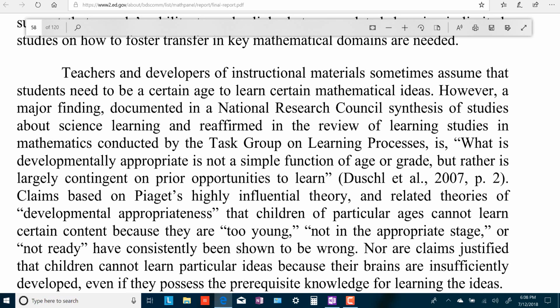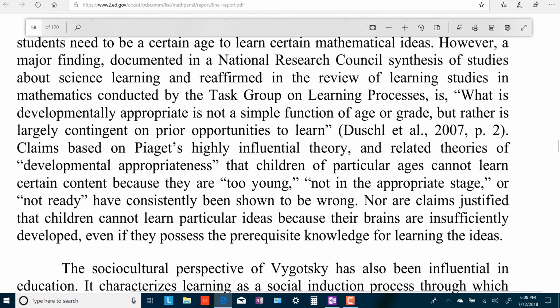However, a major finding documented in a National Research Council synthesis of studies about science learning and reaffirmed in the review of learning studies in mathematics conducted by the Task Group on Learning Processes is, quote, and this is the important part, 'what is developmentally appropriate is not a simple function of age or grade, but rather is largely contingent on prior opportunities to learn,' end quote." And by the way, what they're saying is that your grade level is not determined by your age. Your grade level is determined by what you know.